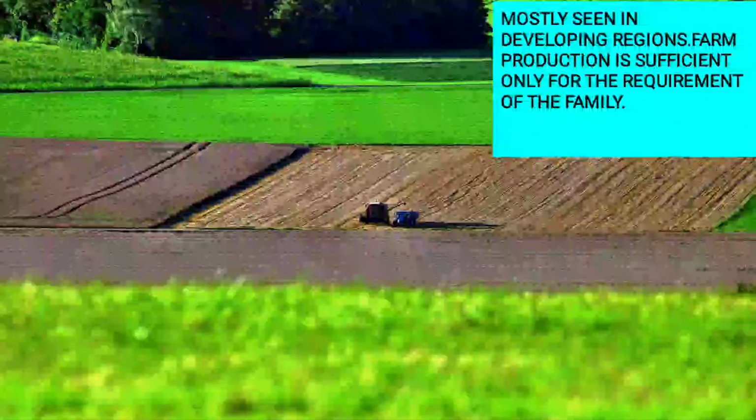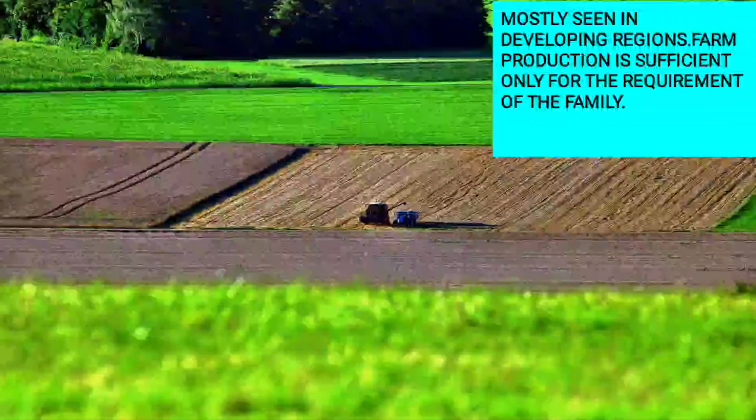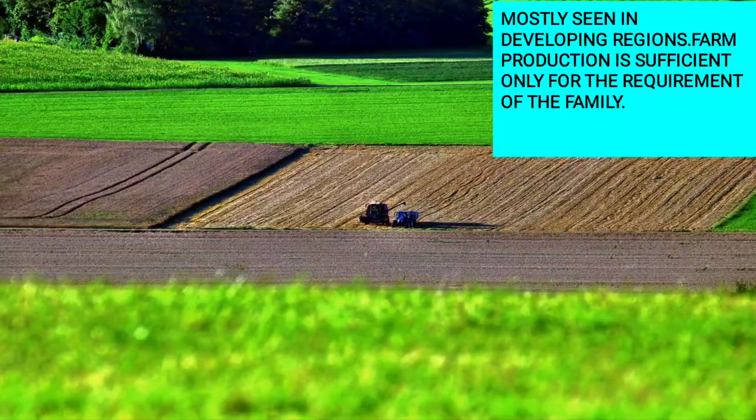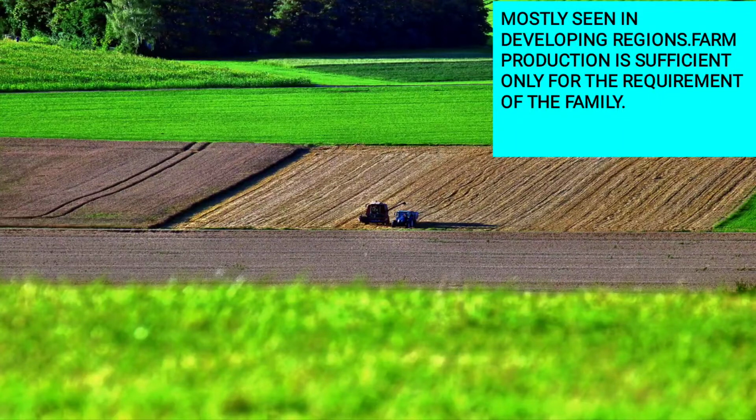Mostly it is seen in developing regions, not developed regions. America is a developed country, so there you cannot see this intensive farming. You can see this intensive farming in India because India is a developing country. It is not completely developed. So intensive farming you will see in developing regions.